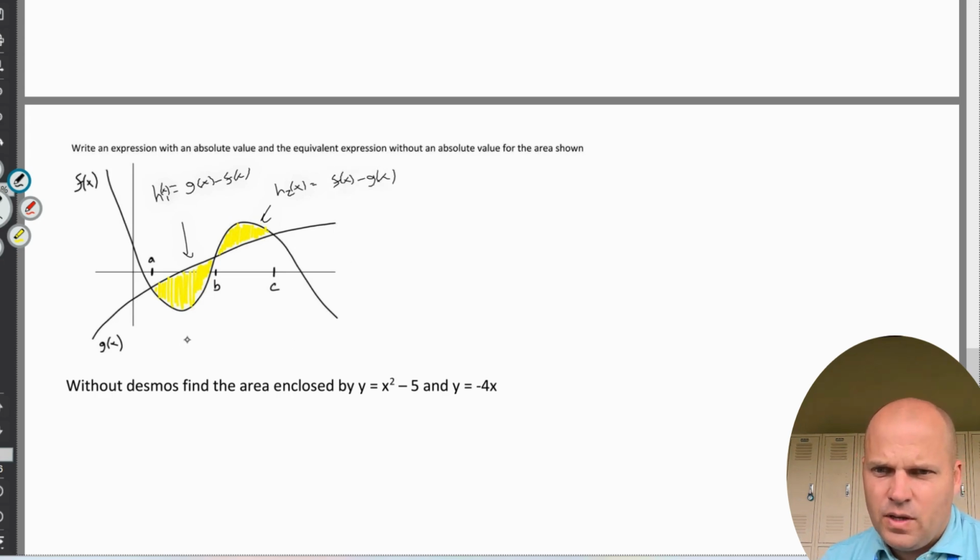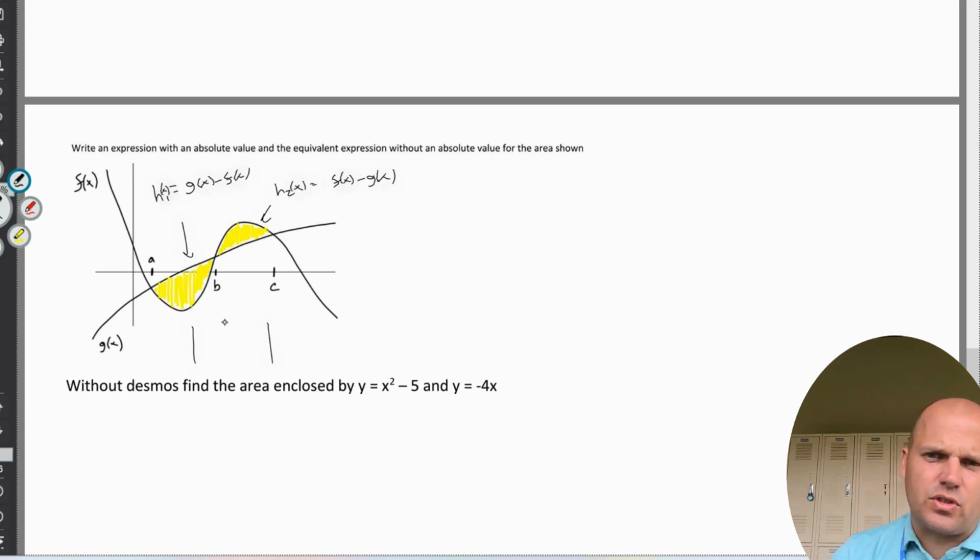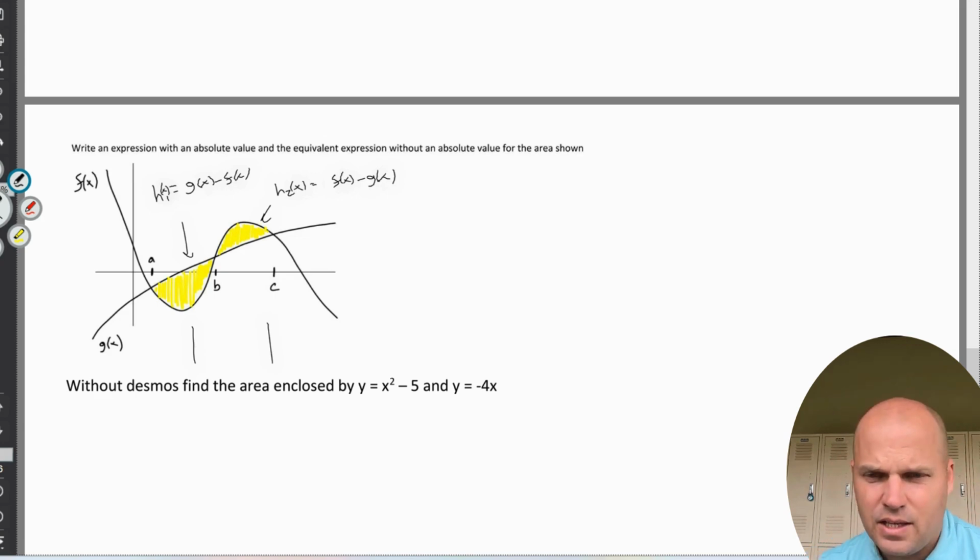However, the absolute value of h1 equals the absolute value of h2. If you want your heights to be positive, you can use an absolute value.